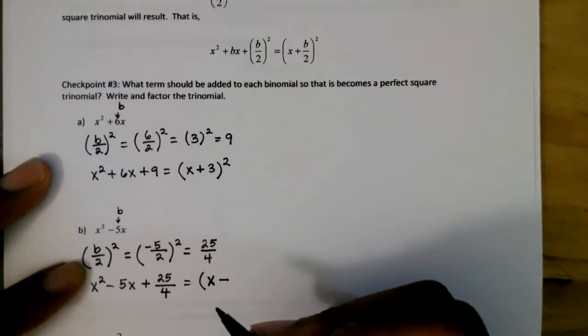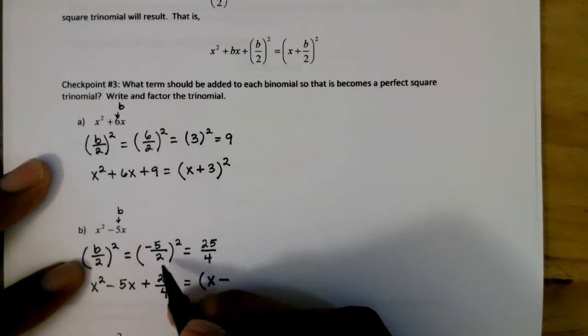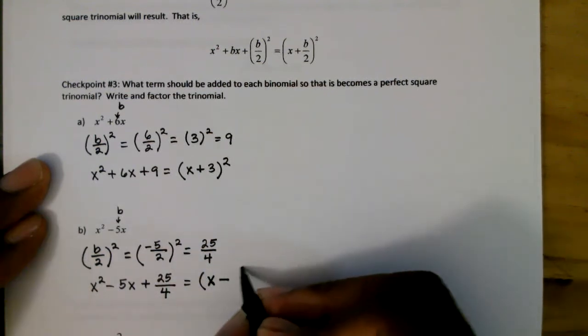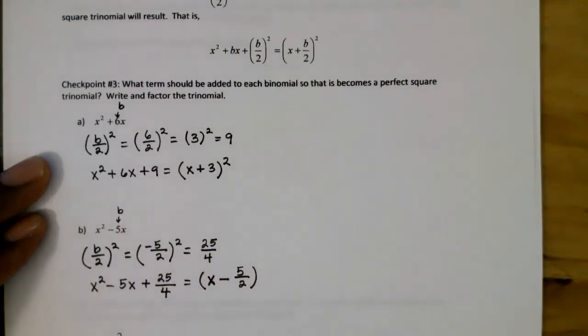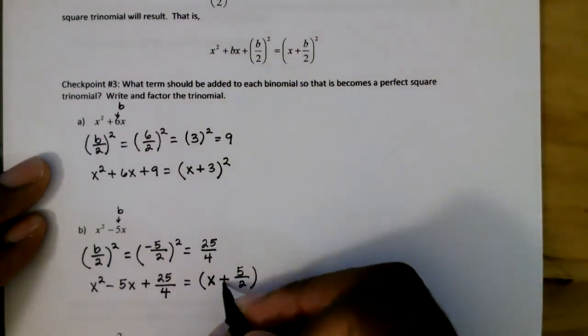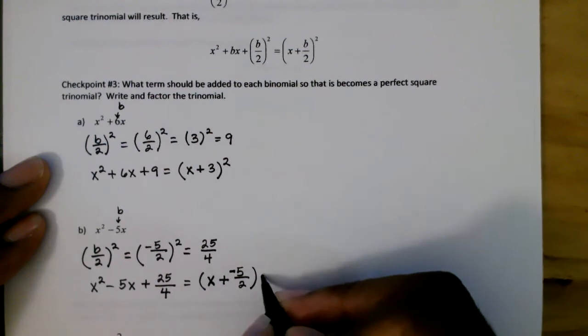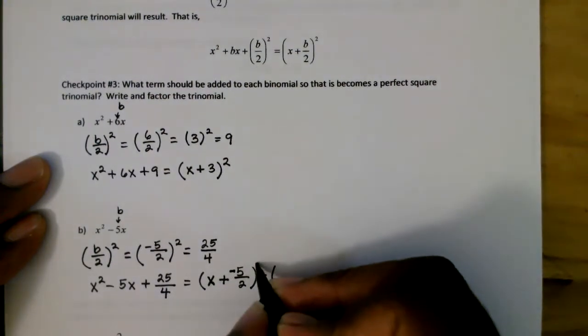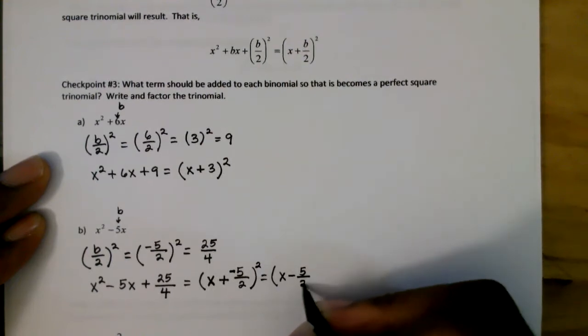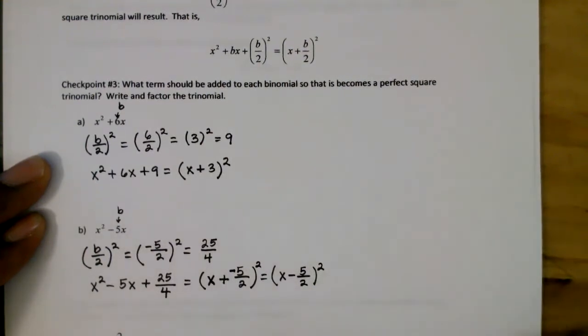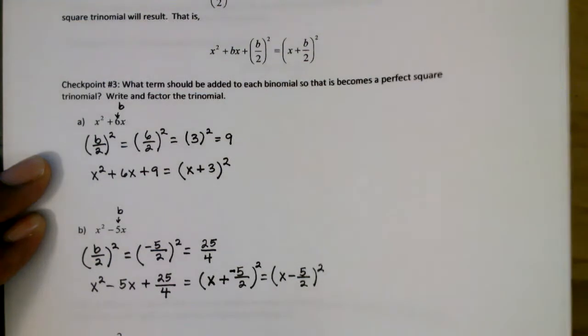And that b over 2, that was negative 5 halves. I'll just bring down the 5 halves. Because you could do this, x squared plus negative 5 halves, and that's going to be squared, by the way, but you're going to have to write it as x minus 5 halves, quantity squared, if that helps.